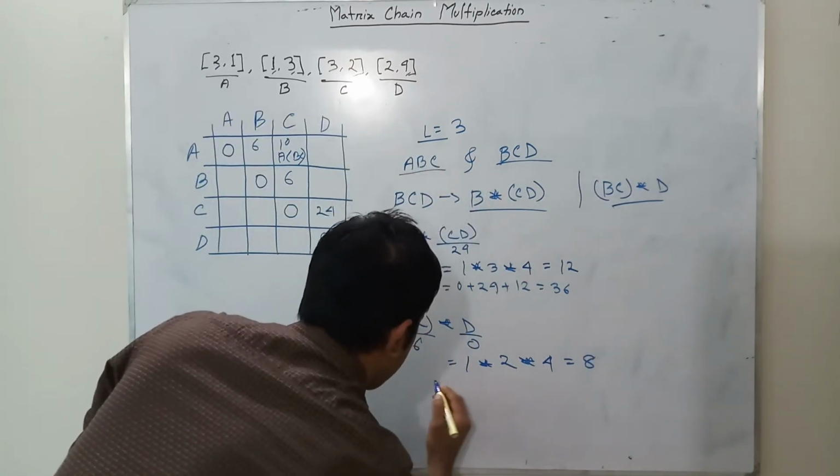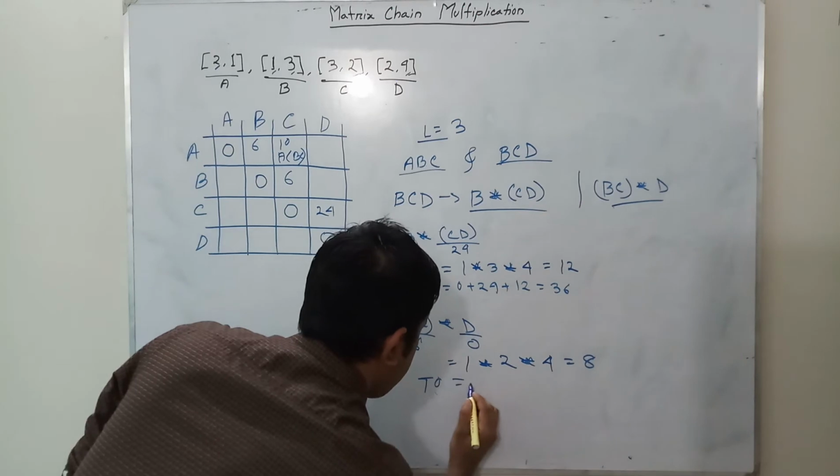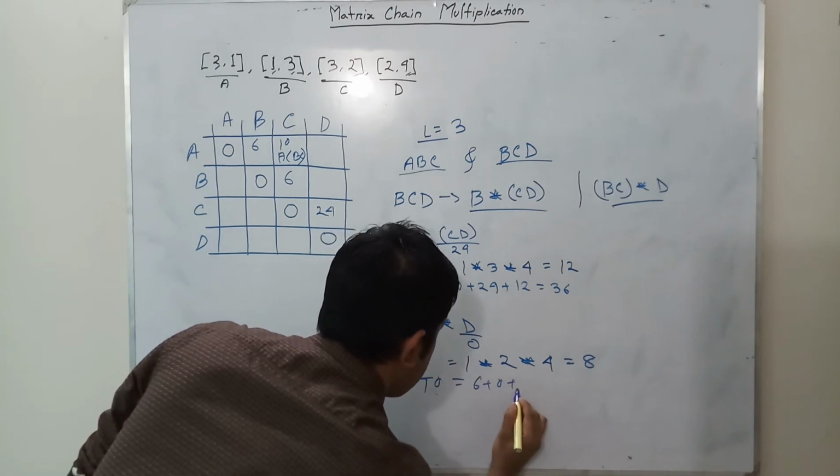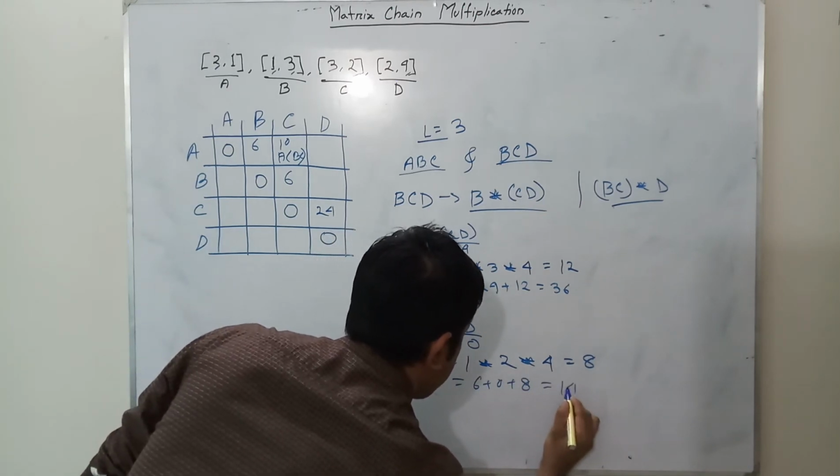So total number of operations we need here is 6 plus 0 plus 8 equals 14.